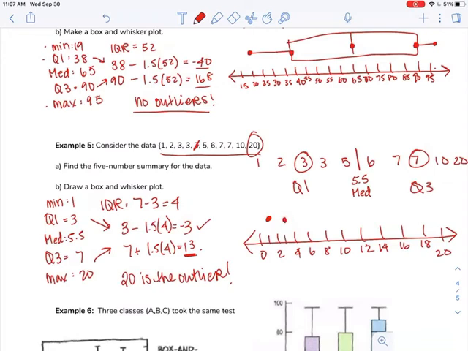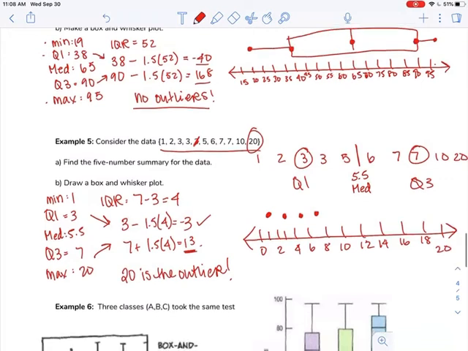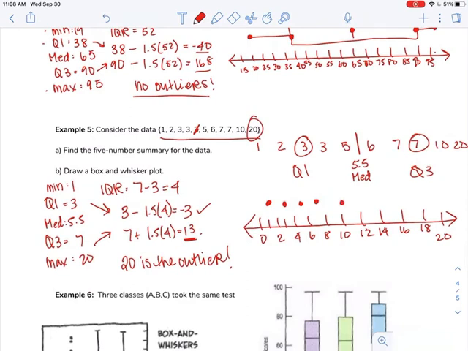My median is 5.5. My quartile 3 is at 7. And my max is at 10 now, because 20 is an outlier. Draw my box and my whiskers.